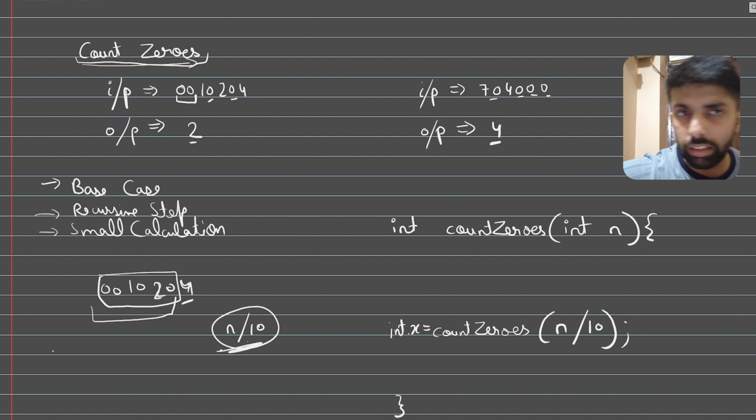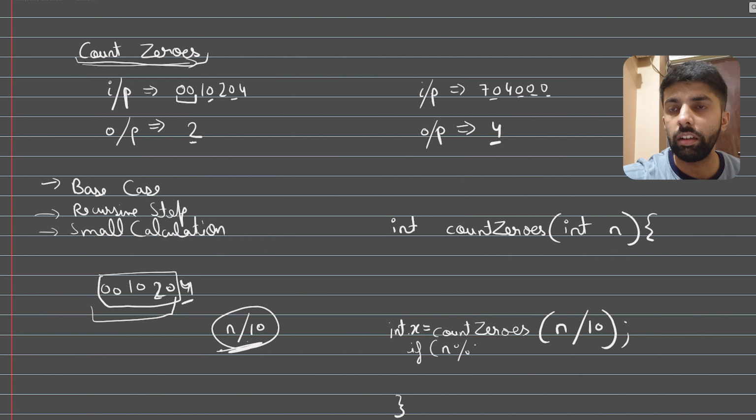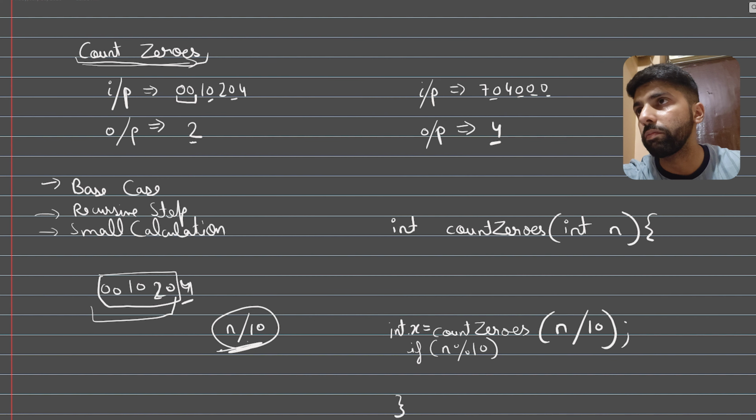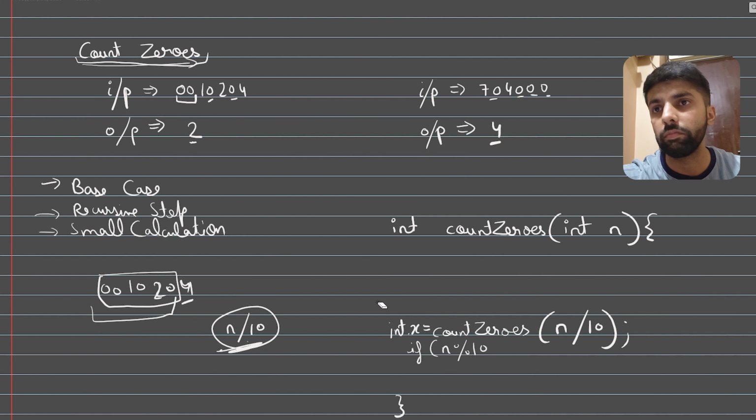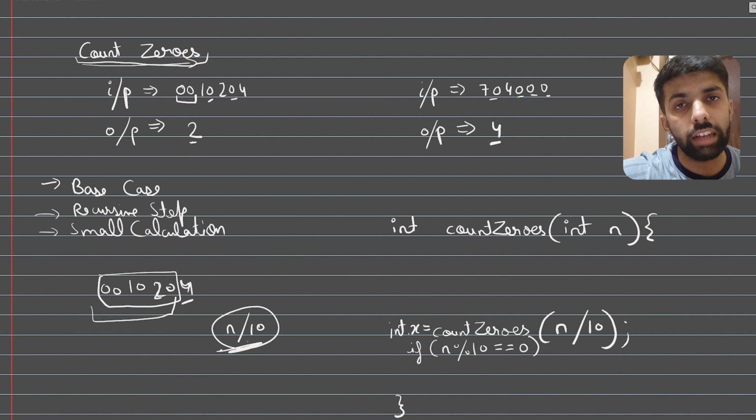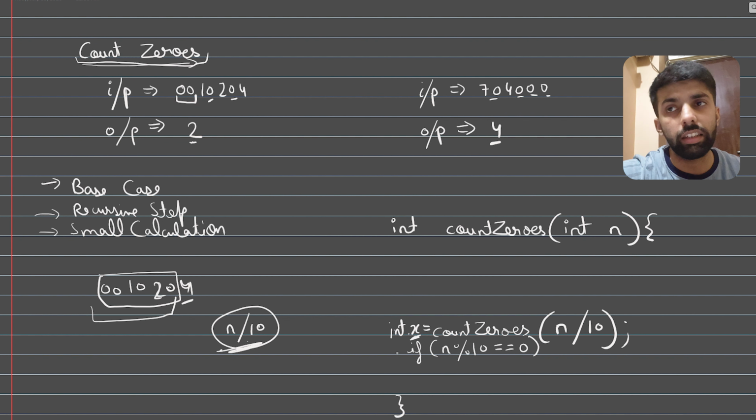Now what I need to do is check if the last digit is 0, that means whatever the recursion had in answer, I will add 1 to that, right?